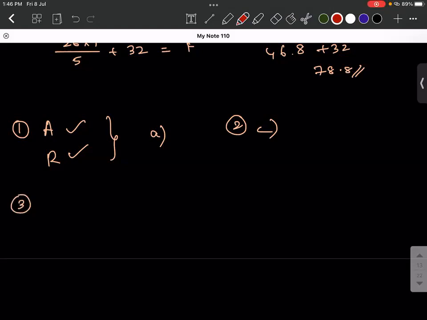Third, the graph of the linear equation x minus 2y is equal to 1 passes through the point (3, 1). Yes, assertion is true. Every point lying on a graph is not a solution of x minus 2y is equal to 1.